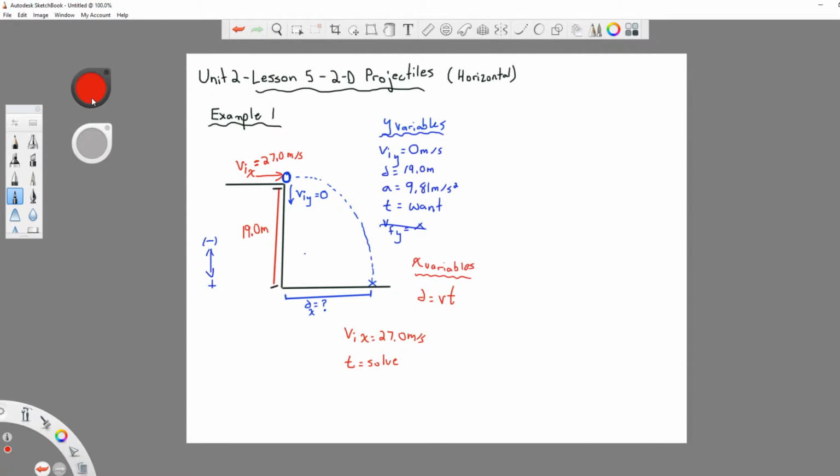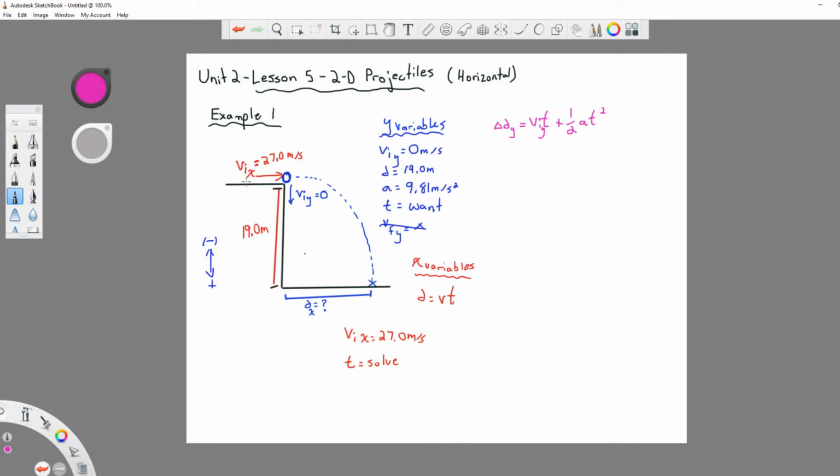The formula I found for that, let's do this in a different color, was displacement in the y is equal to VIY t plus 1/2 a t squared.